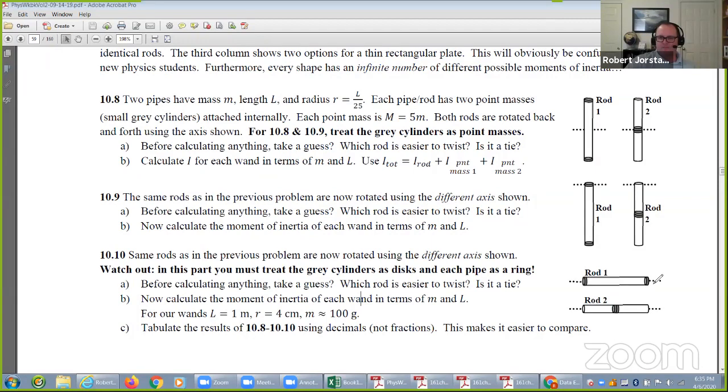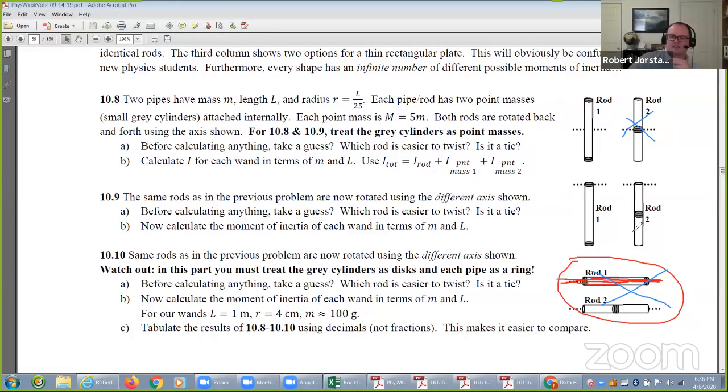This one should have a very small moment of inertia. Now flip it. Which one should have the largest moment of inertia? Which one has the most mass far from the axis? It's not this one. It's probably not this one. It's probably going to be one of these three, right?